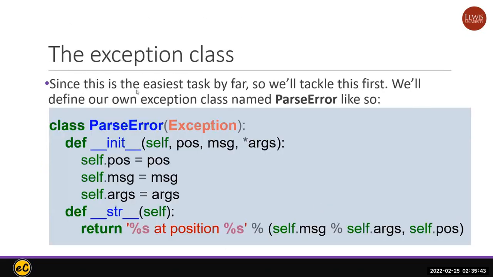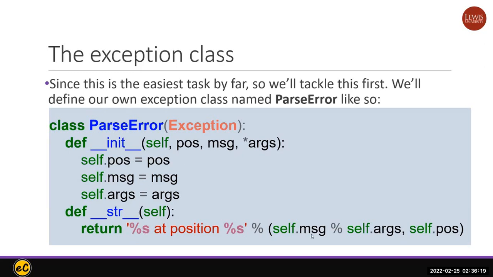So the expression class, since this is the easiest task by far, we will tackle this first. Basically, there is a parser error class, okay? So you have position, message, and argument list. This parser error will extend the exception class, and this is a parser error object.